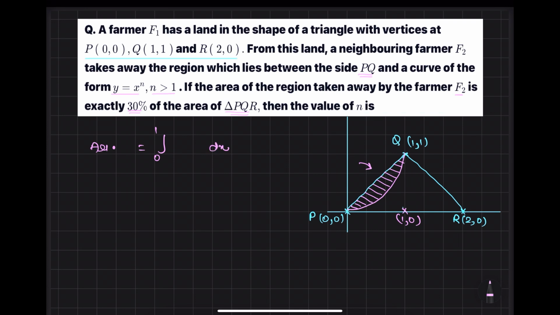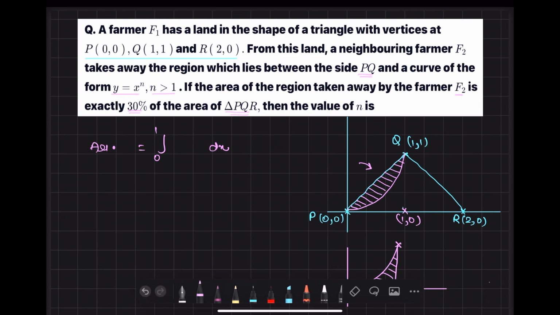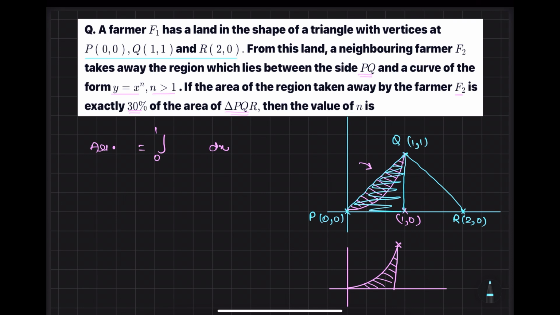Now be super slow. Suppose that we have to find out the area of the shaded region. You know how to find out the area below the curve. If you do the integration, you will get this area. Correct? Yes, it's correct. Now if you handle x, you will get the area below x, correct?